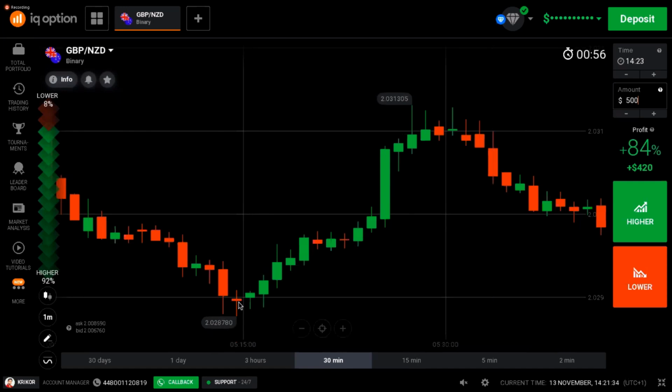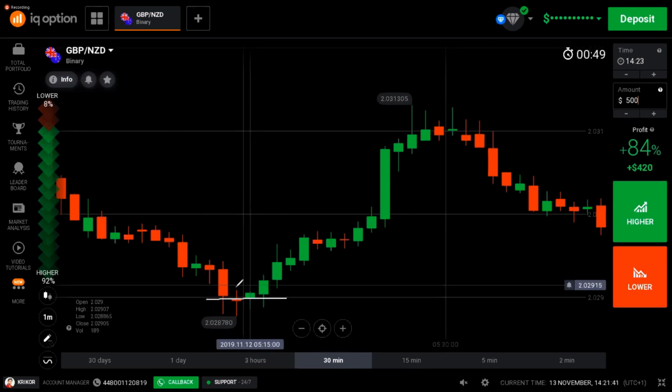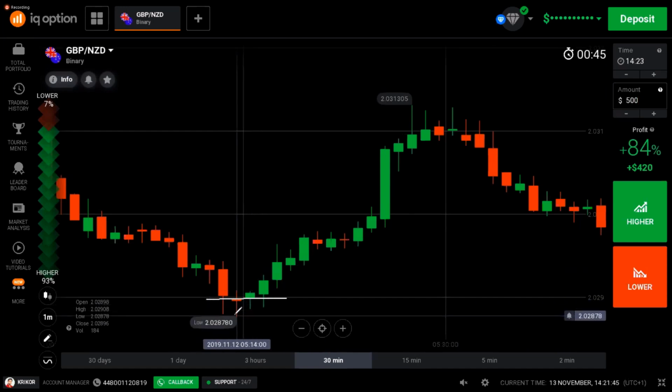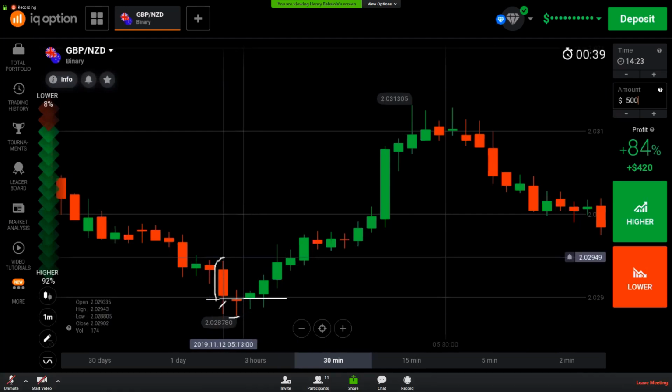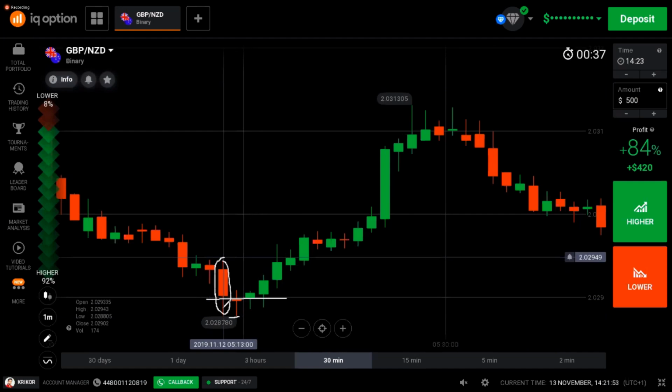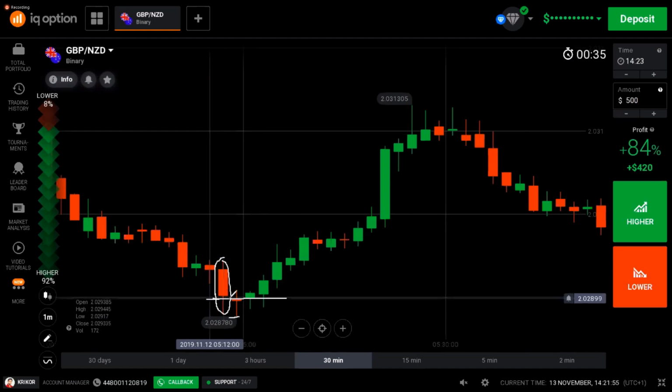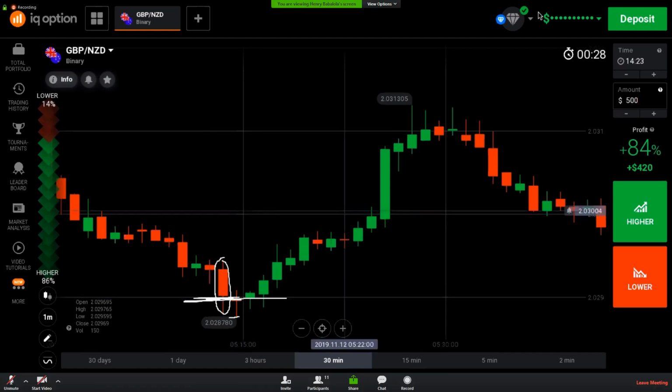Now, when you see this SNR area, you are looking for a reversal. This is the lowest point. This is a very strong bearish candle, and the candle closed right above the SNR area and round number.